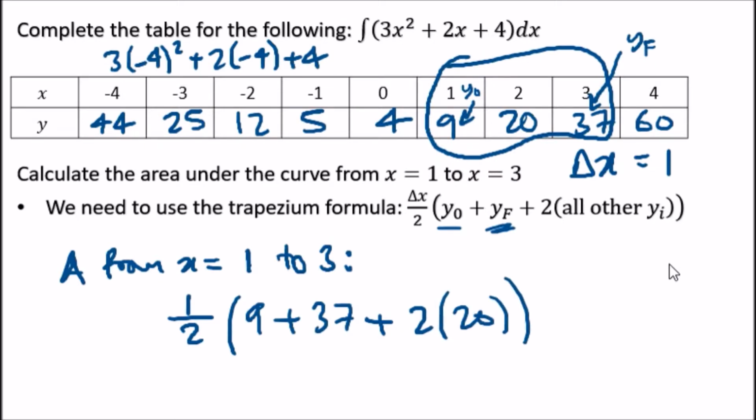And that's it. Now just smash it on your calculator. So I'm doing it now. 1 over 2 times, make sure you put the bracket exactly as you see here, plus 2 times 20. And yep, I got 43. So the area under the curve is 43.